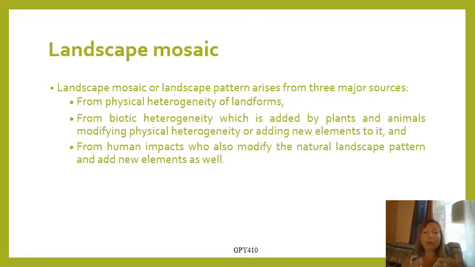And then on top of all this, we see more and more human impact that is contributing to the landscape heterogeneity, which is further modifying all this physical and biological feature, adding many man-made features, for example, arable lands and parking lots and roads and buildings and gardens and so on and so forth.